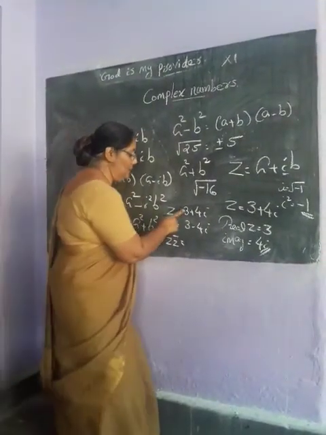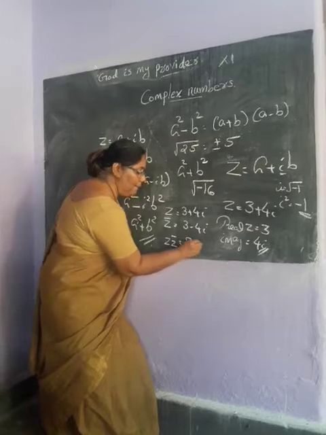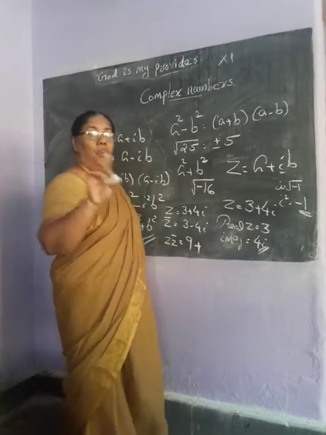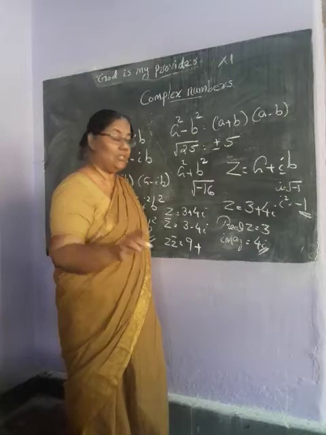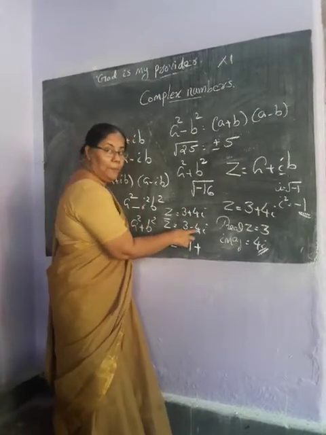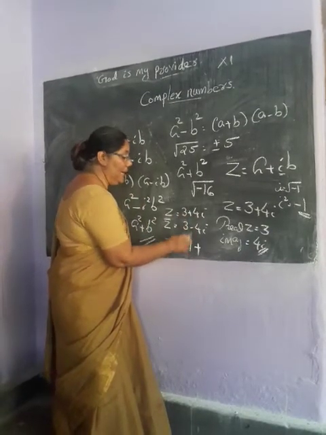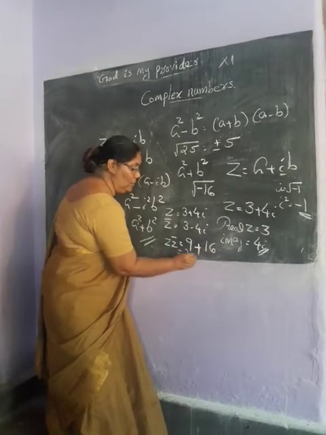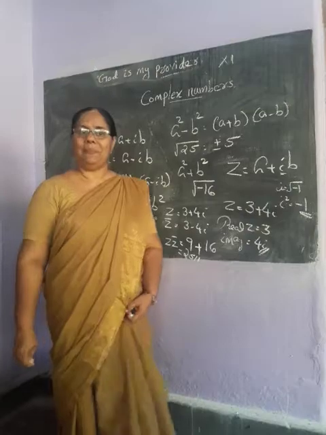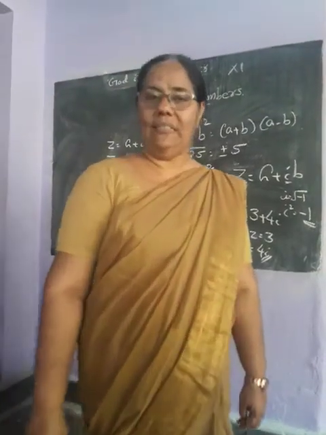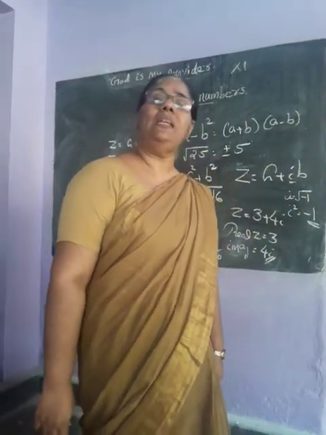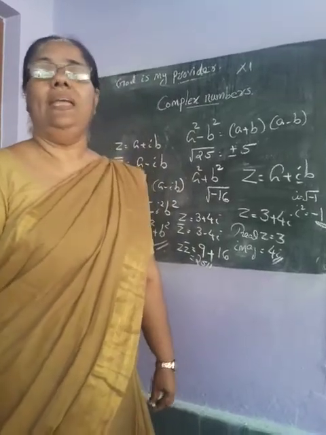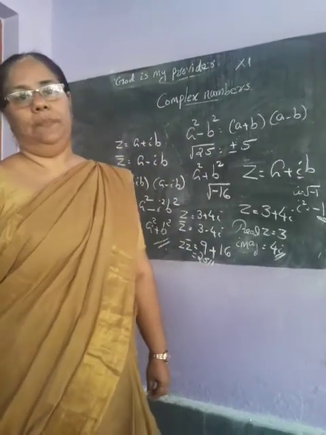What is a square? 3 into 3, 9, plus b square, not i square. Here b is 4. Therefore, 3 square is 9, 4 square is 16. 9 plus 16 is equal to 25. Understand? The factorization a plus ib into a minus ib is equal to a square plus b square.